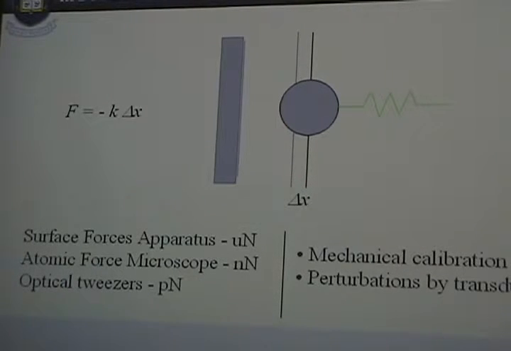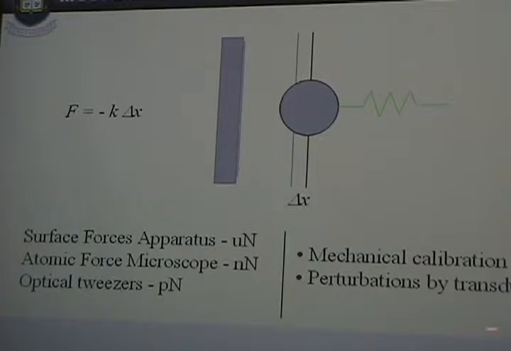And in all of these cases, whenever you do a classical force measurement, like the one I showed you, where you have some sort of calibrated spring, and by looking at the displacement of the spring, figuring out the force between the interfaces, you always have to deal with issues of how do I calibrate my spring. In the surface forces apparatus, it's actually a spring. In the AFM, it's a cantilever. In the optical trap, it's the gradient forces.